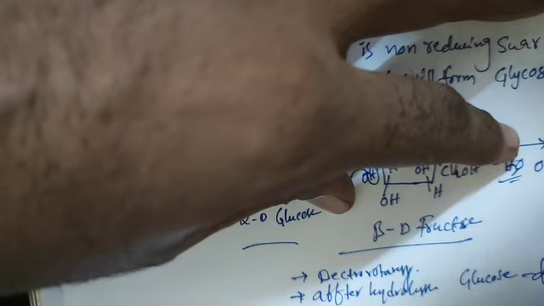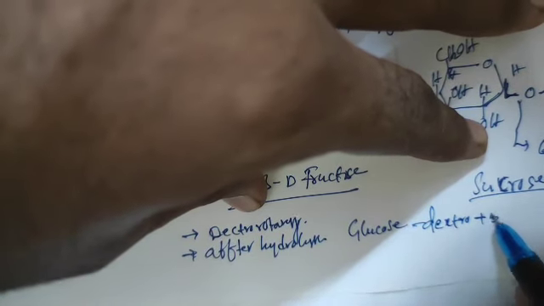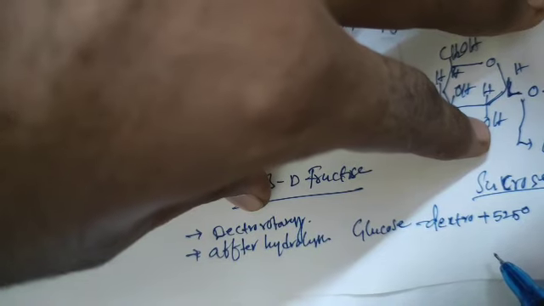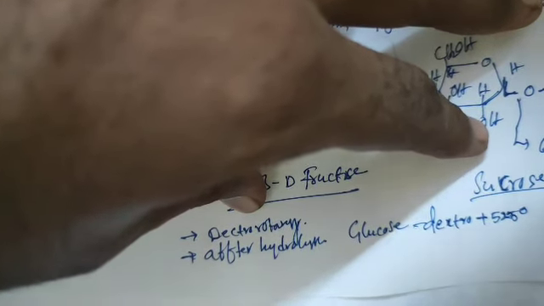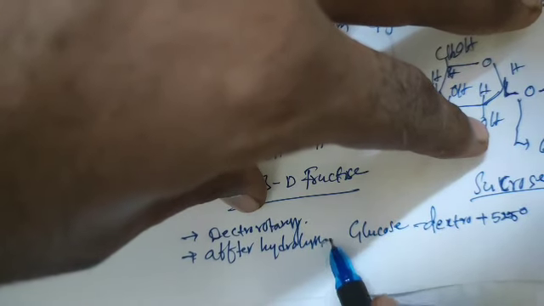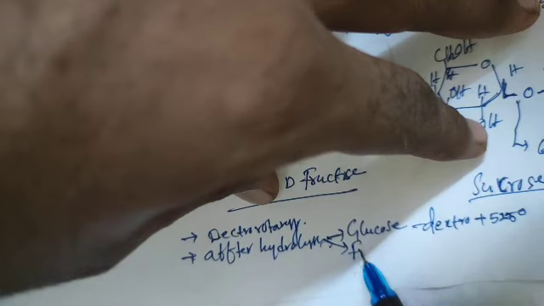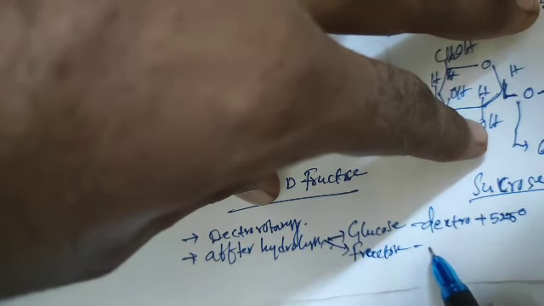Glucose is dextrorotatory. How much does it rotate? Plus 52.5 degrees. After hydrolysis we get one glucose and one fructose, no? Now fructose is levorotatory, how much?